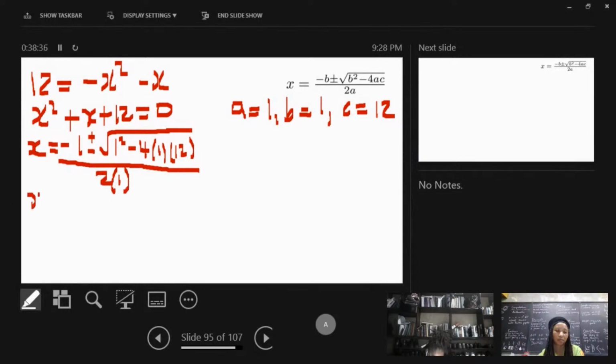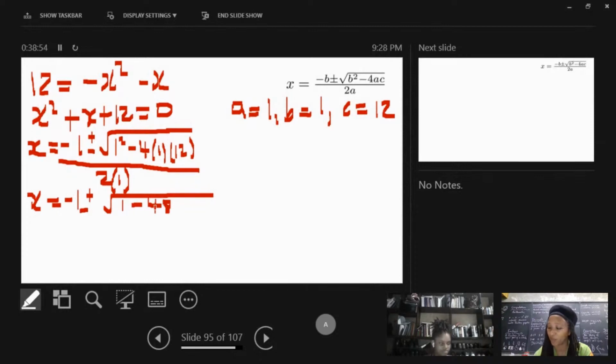So x is equal to negative 1 plus or minus the square root of 1 minus 48. This is going to give us a negative number, and we can't have a negative square root.